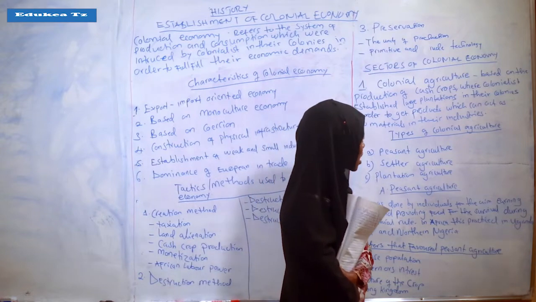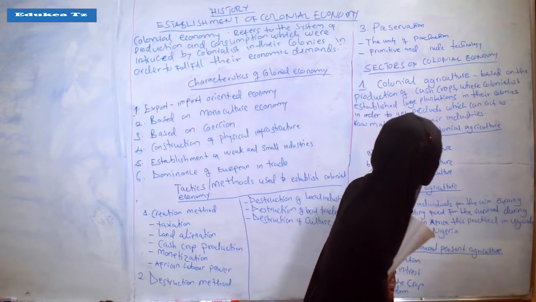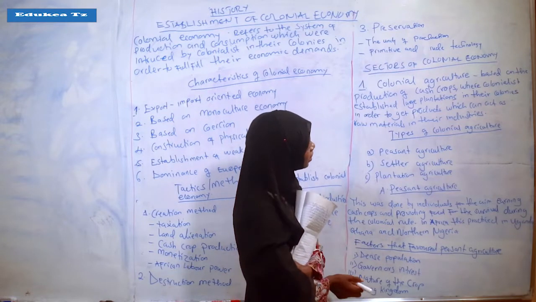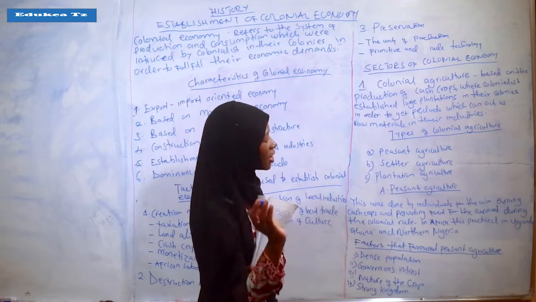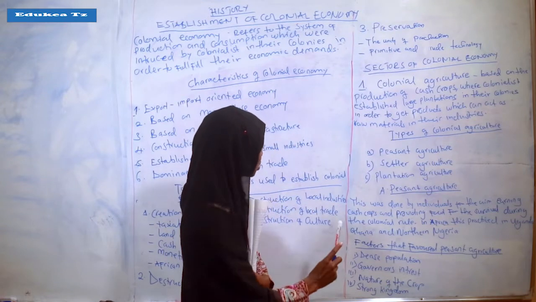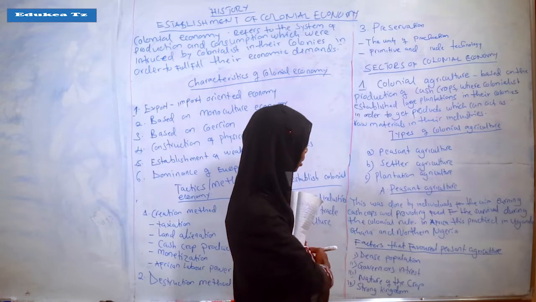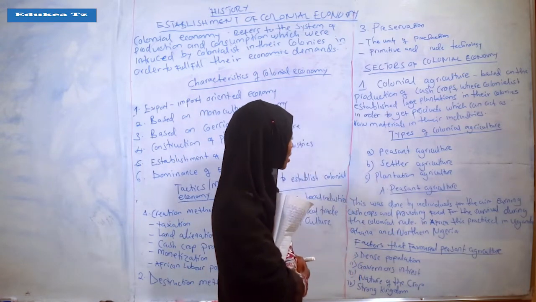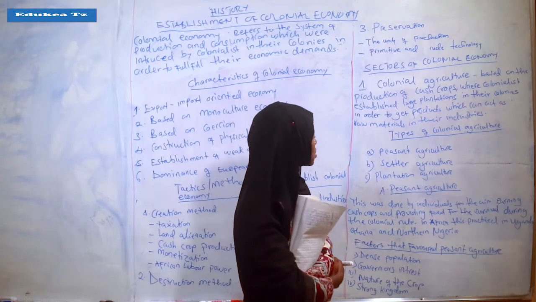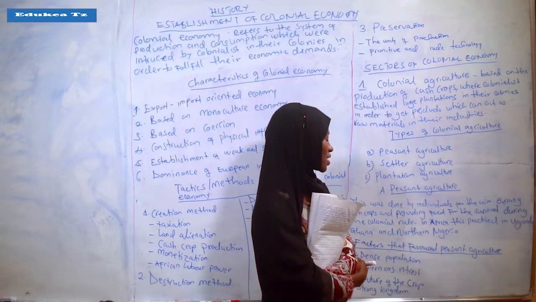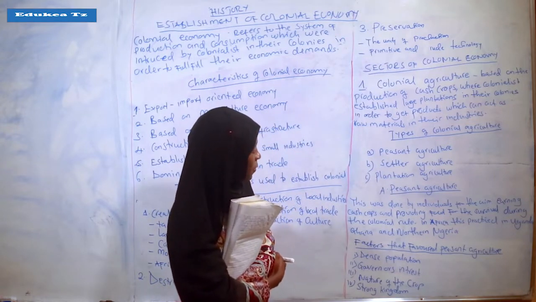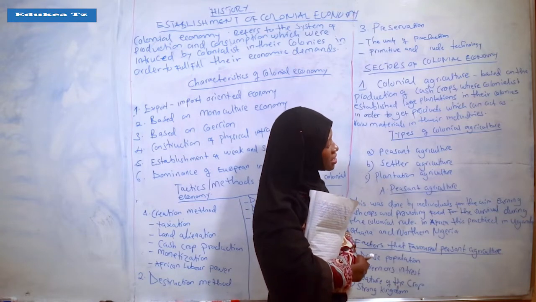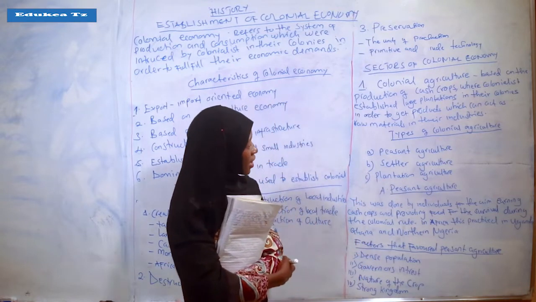As we know, the main aim of the coming of colonialists was to fulfill their economic demands. Agriculture is the backbone of the economy of any country, likewise for colonialists. They established large plantations to get raw materials for their industries.